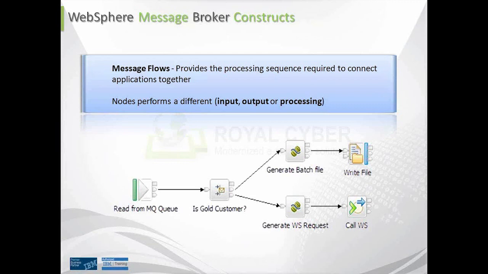That means it picks up the message from a queue and writes it to a file or invokes a web service. Based upon the type of the customer, you will either route it to a web service or write it to a file. So it will have a set of input and output nodes, and it will have processing nodes. All this is visually drawn and then developed and then deployed onto the runtime.